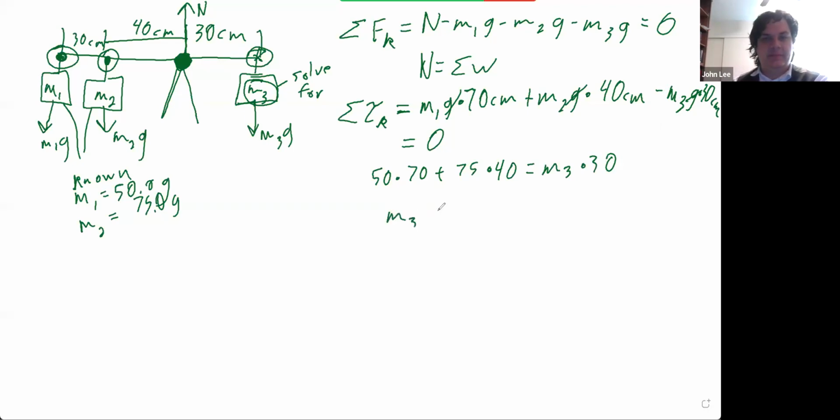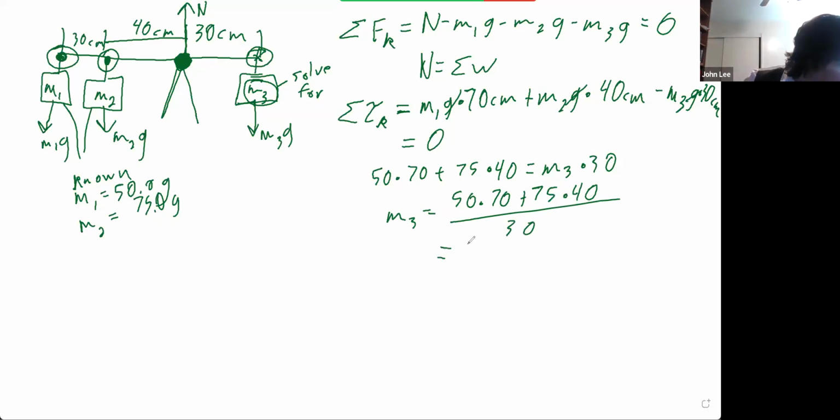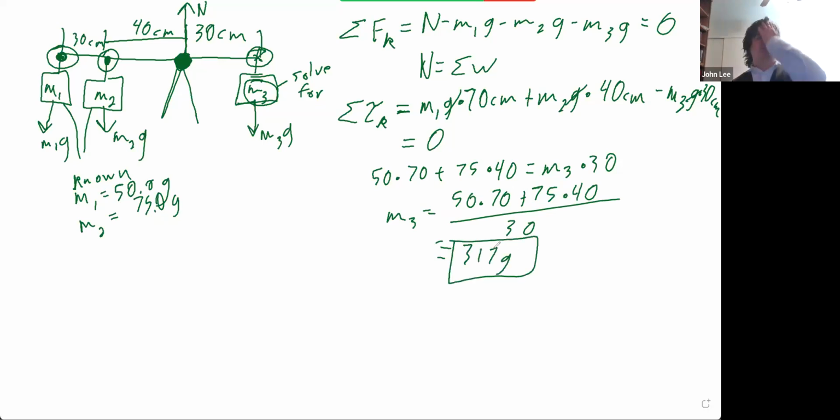So M3 is equal to 50 times 70 plus 75 times 40 divided by 30, which is equal to 317 grams. So you need that much weight in order to balance out this torque balance. So I don't know if you've used old scale weights, but this is similar to what they do.